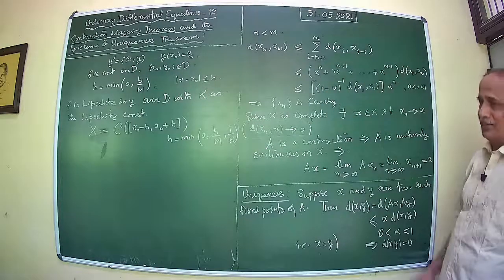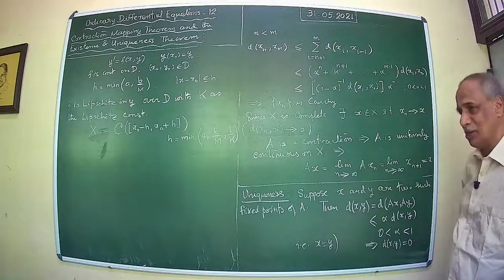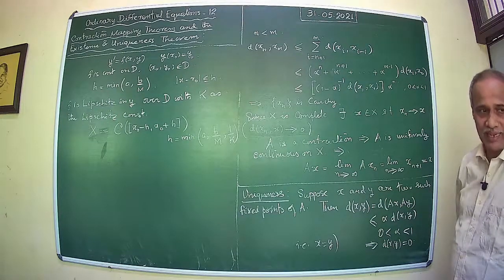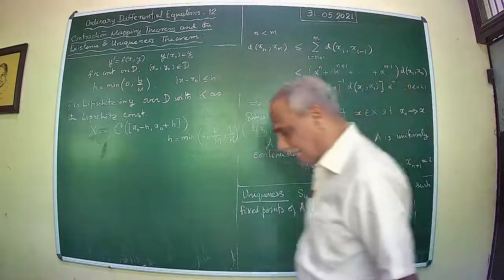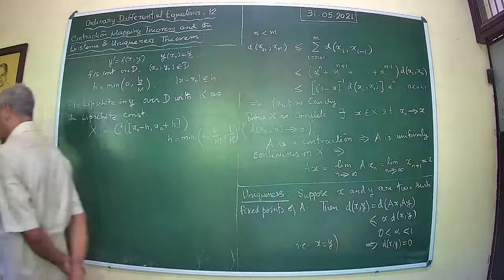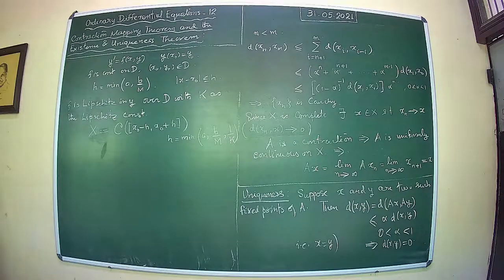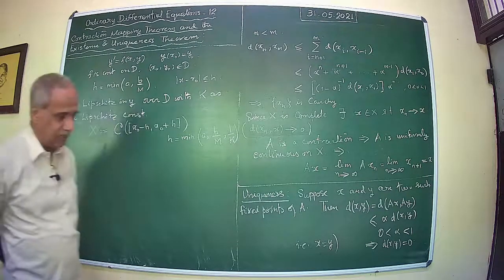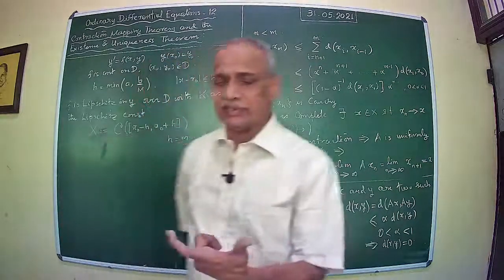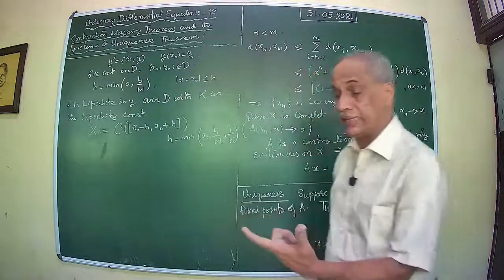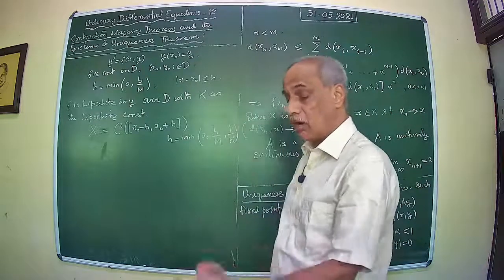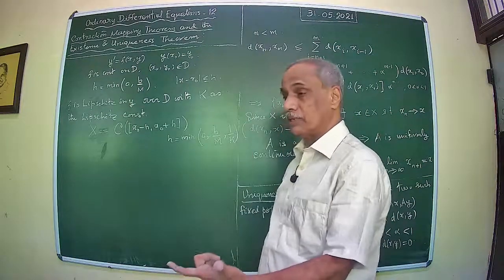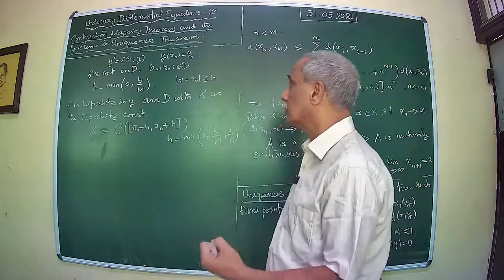There is no loss of generality, because what ultimately we get at the end of proving the existence and uniqueness theorem is a local existence and uniqueness theorem. That means surrounding the point x naught, there is an interval on which a unique solution of the initial value problem exists.